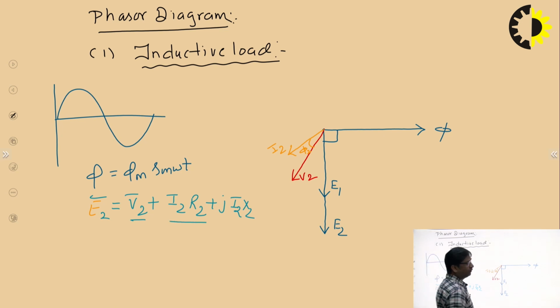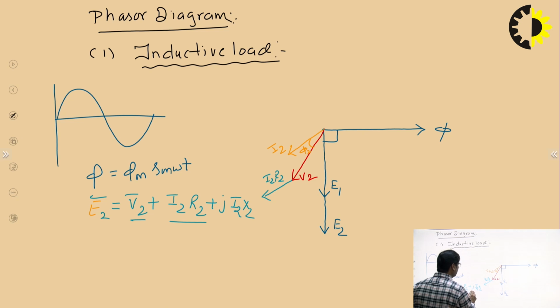Now this I2 R2 is a resistive drop, and the resistive drop is always in phase with the current. So it will be added to the voltage V2 as I2 R2, which is in phase with the current. So you can draw I2 R2, and this phasor will be in phase with the current; these two phasors will be parallel.